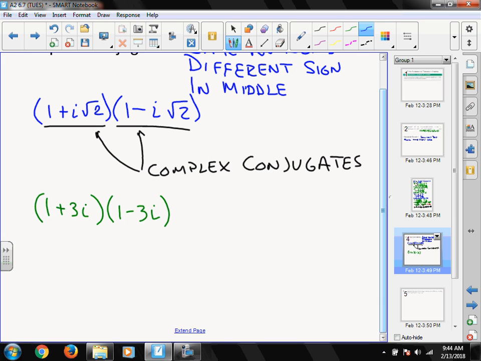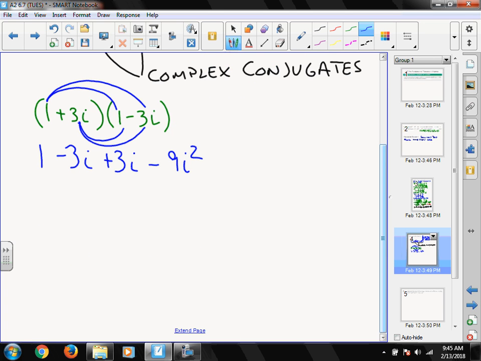So, if I multiply these, I'm going to use my FOIL. 1 times 1 is 1, outside minus 3i. 3i times 1 is going to be a positive 3i. And 3i times a negative 3i is going to give me negative 9i squared.